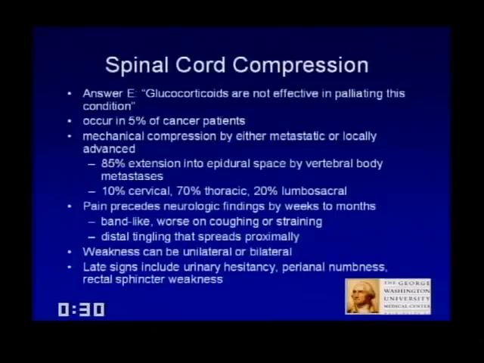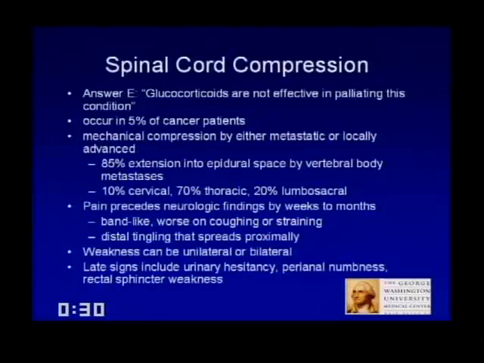And again, it's mechanical compression of the spinal cord by either metastatic or locally advanced disease. The largest proportion of cases, as we saw in this MRI scan, was extension into the epidural space by vertebral body metastases.